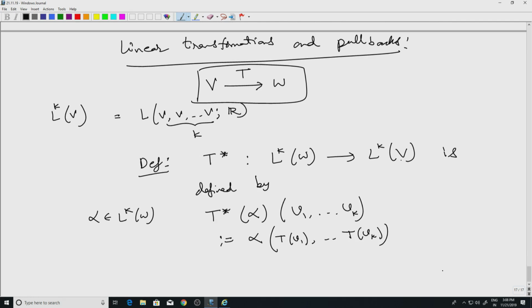So this is called T star alpha. It's called the pullback of alpha by T upper star.